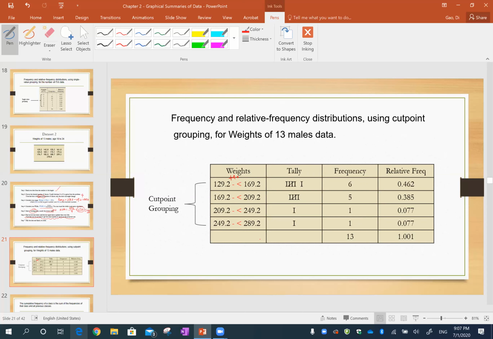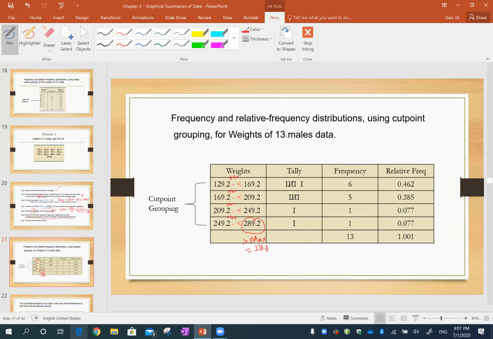We continue plus 40, plus 40, plus 40, until the upper limit of the last class, 289.2, is more than the maximum, 278.8. Then you stop.